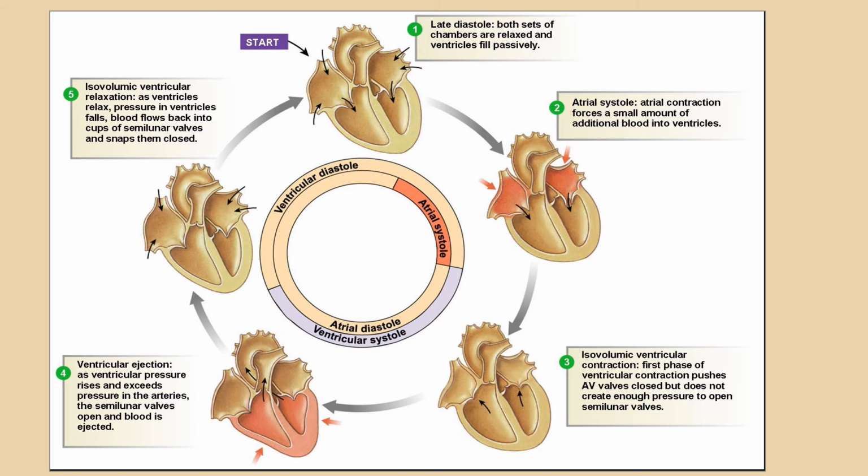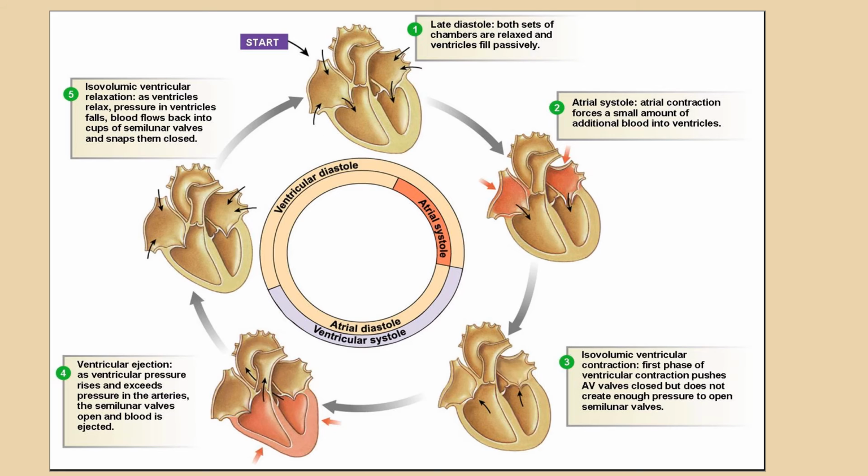So the ventricles have relaxed, the atria are still relaxed. Blood is flowing into both of the atria, but it's not sufficient to reopen those AV valves. As more blood enters the atria, eventually the pressure in the atria is sufficient to overcome and open up those valves.